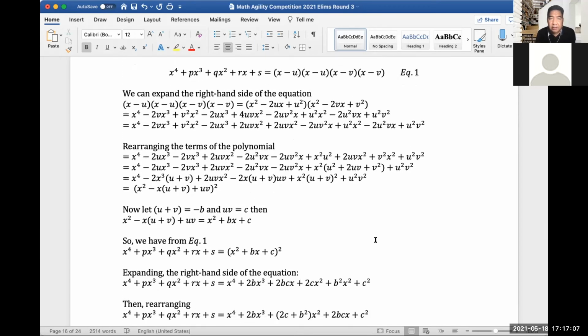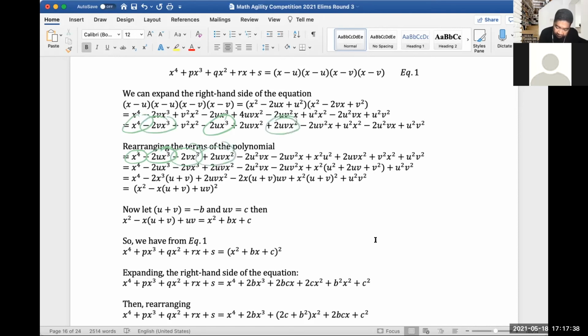So I initially get x to the fourth, and then the 2ux cubed, so which is this here, and then minus 2vx cubed, which is this, I put it on the third term, and then plus 2uvx squared, which is this, right?